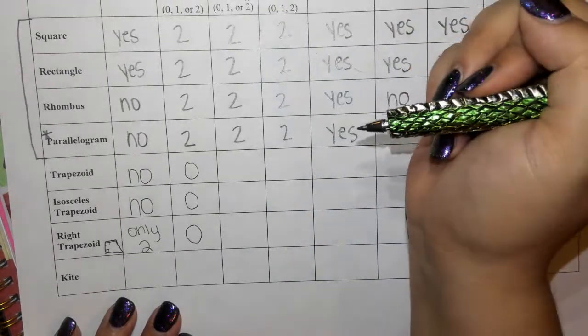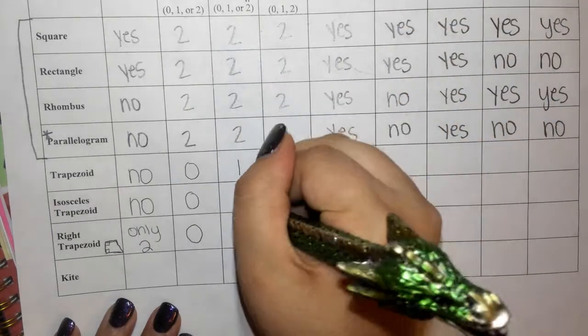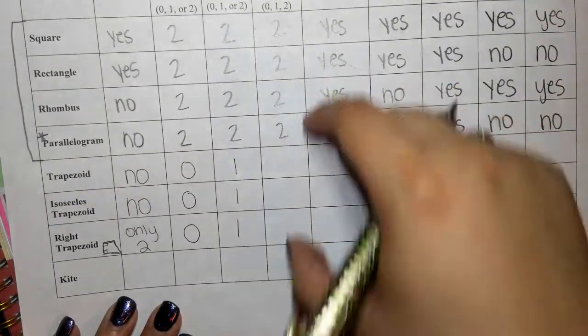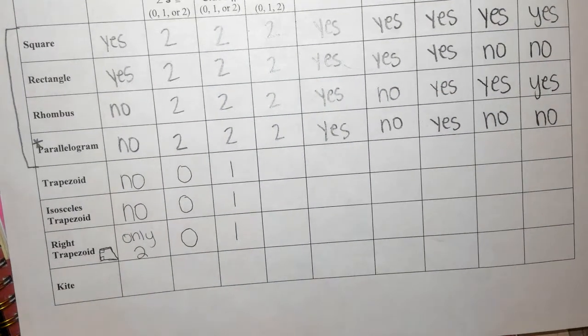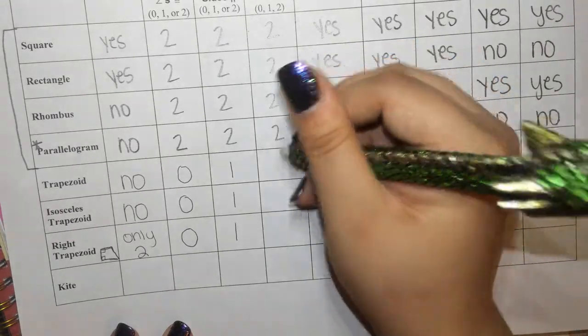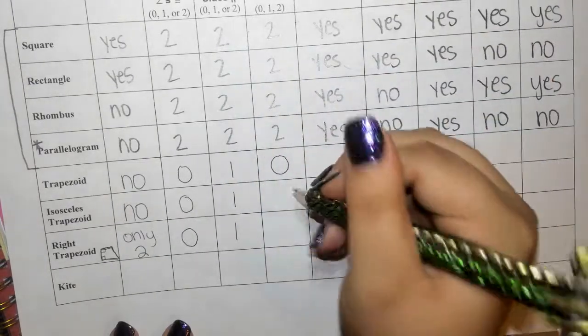Number of opposite sides parallel. Only, okay, so it's a set of opposite sides. Number of opposite sides congruent. For a regular trapezoid? 0. What about for an isosceles?